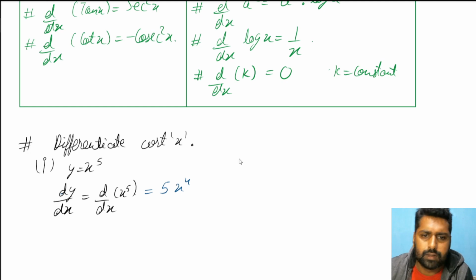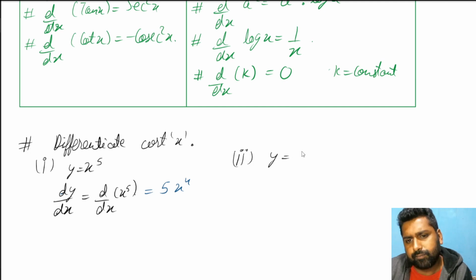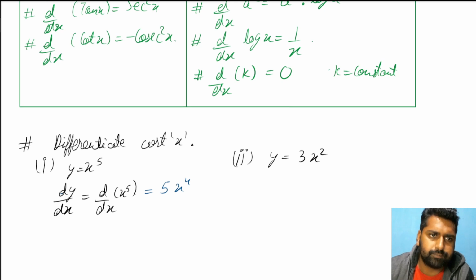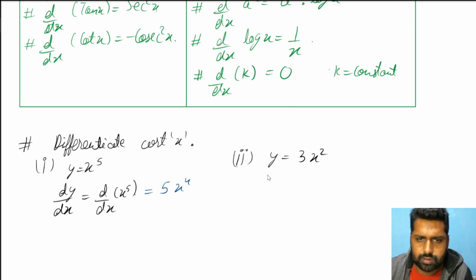Next level, let's take y as 3x square. So in that scenario, dy by dx, differentiation of it, means dy by dx of 3x square.